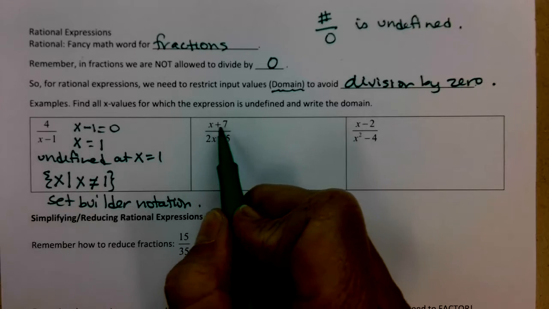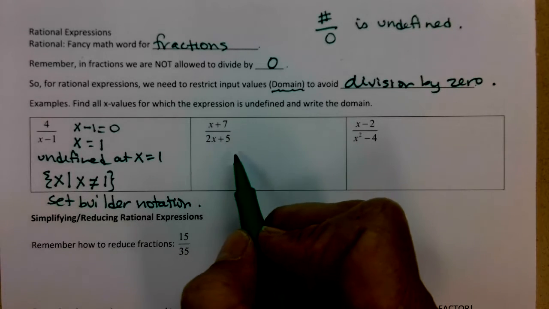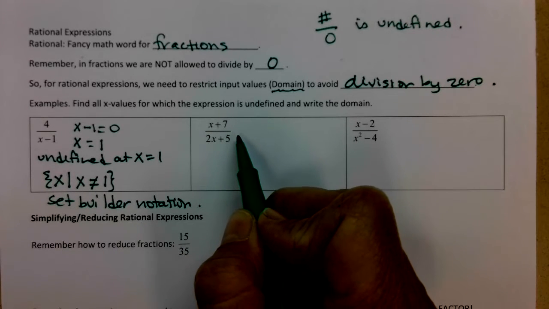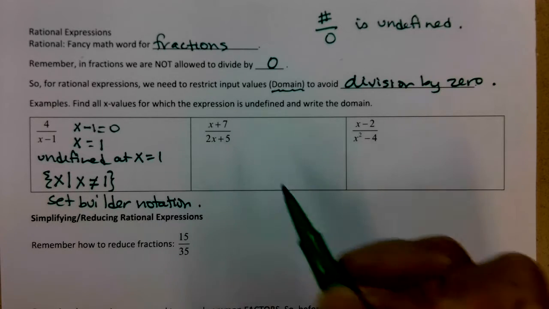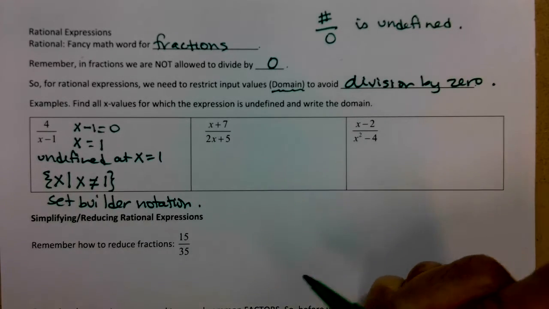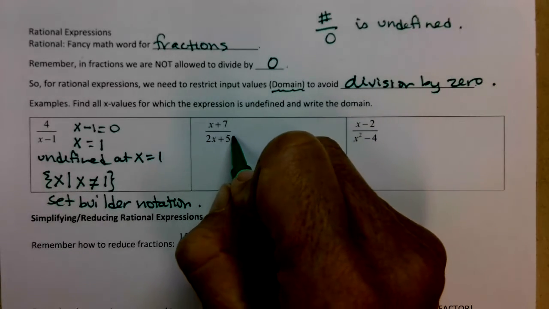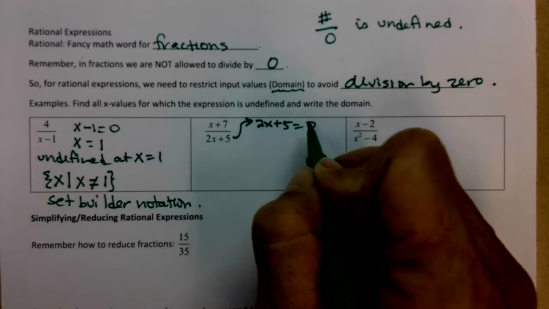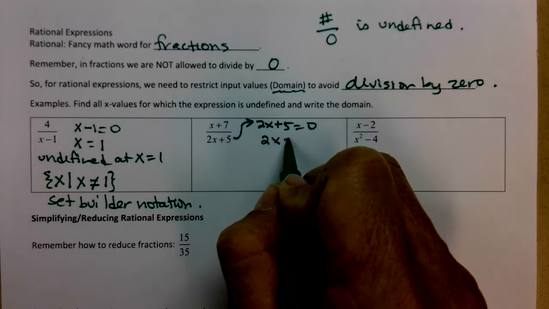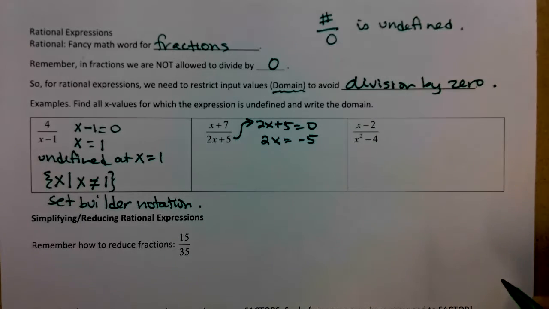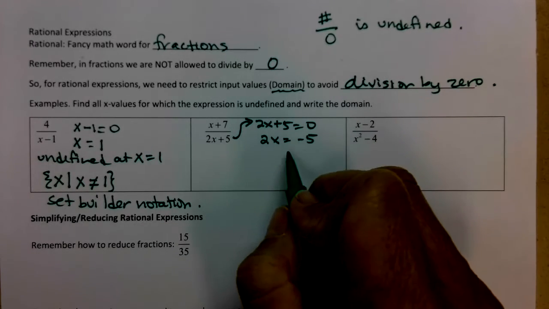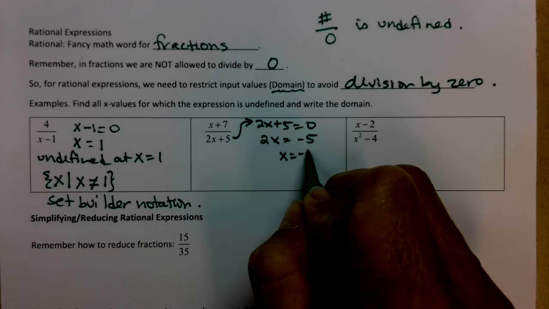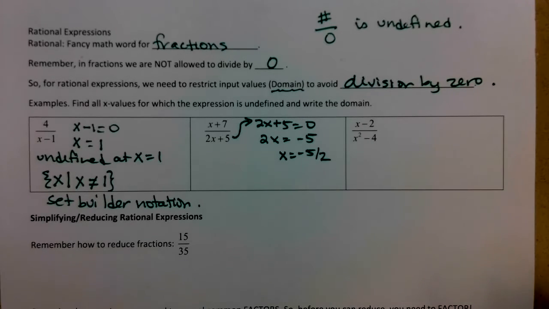Okay, let's do the next one. For what x values is this next expression, x plus 7 divided by 2x plus 5, undefined? Again, our only issue is if the denominator equals 0. So we're going to find out what x values make that happen. So I'm solving that linear equation. Divide by the 2, get the x by itself.